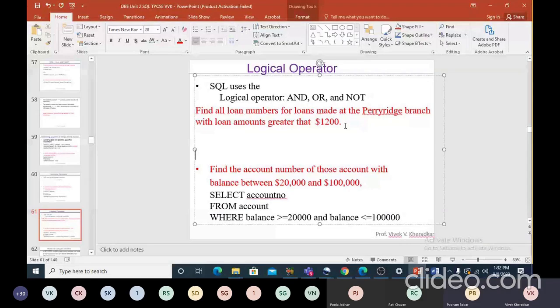Not only loan number: the requirement consists of loan number, branch name, and loan amount. So there are three columns required, and the table which contains these three columns is loan. Don't go with only loan number, because borrower also contains loan number. So is borrower the appropriate table to solve this query?